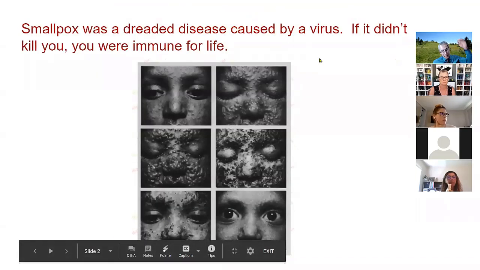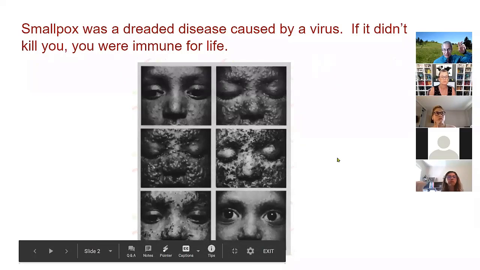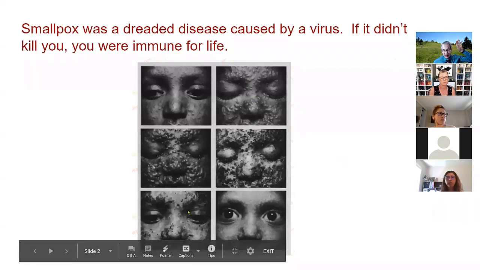So I'm starting with smallpox. None of you have seen a smallpox victim, but this is what they looked like when they existed on this planet. So these are the pox, these little bumps, and this is a person who got covered with the pox, then it scabs, and this person did recover.